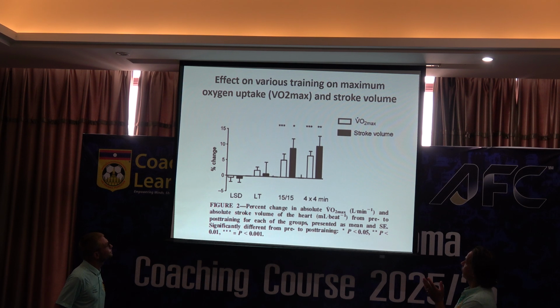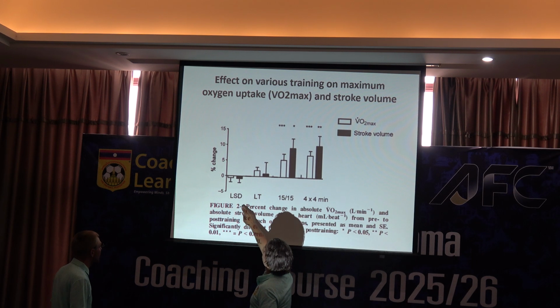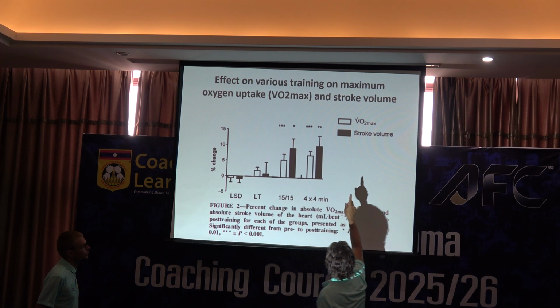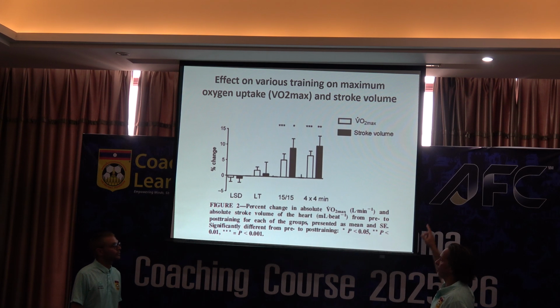And these were trained athletes. So the group that did continuous running for a long time had absolutely no change in the maximum oxygen uptake, and no change in the stroke volume.